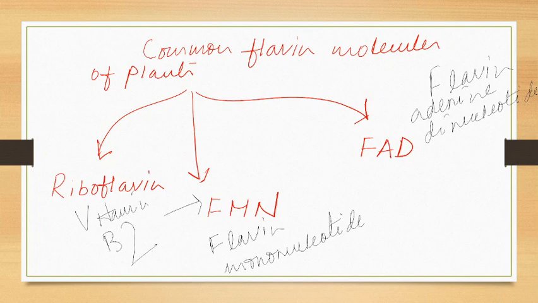Riboflavin is commonly known as vitamin B2, and we must recall all the vitamins and their scientific names and their activities, abnormalities, etc. Anyway, the FMN or flavin mononucleotide is derived from vitamin B2 or riboflavin, and the FAD or flavin adenine dinucleotide is a very active coenzyme associated with various proteins.